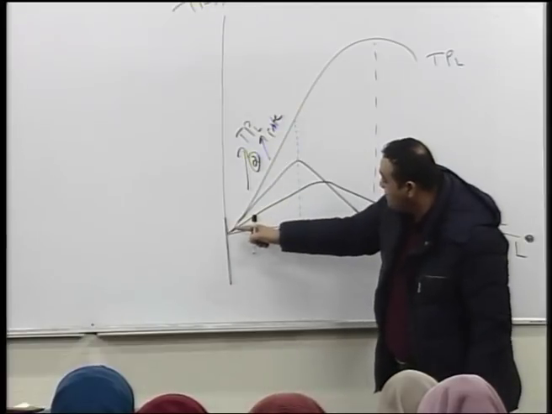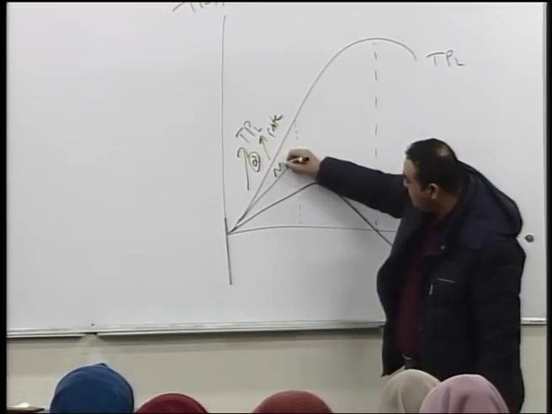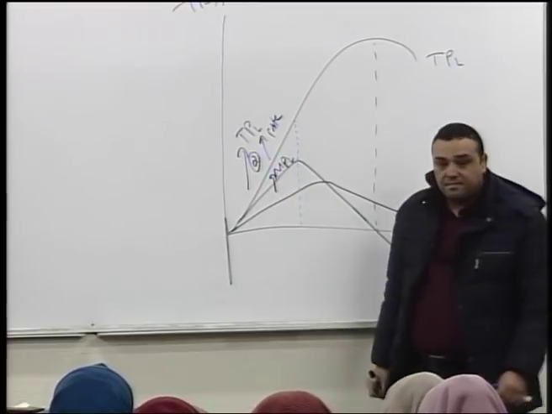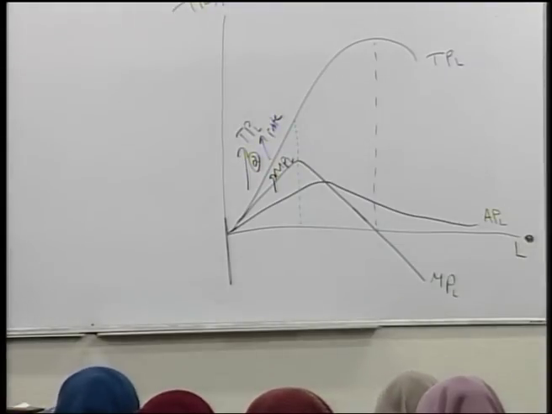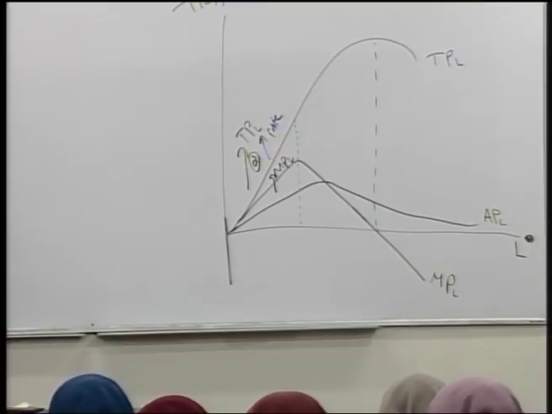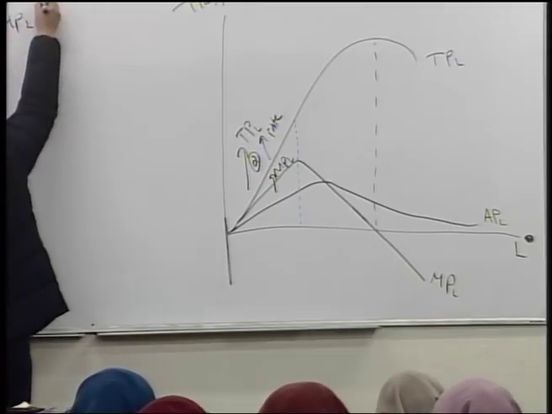What do I see? The marginal production of labor is increasing. MPL is increasing and positive. So, number one, when the total production of labor is increasing at an increasing rate, the marginal production of labor is increasing and positive.